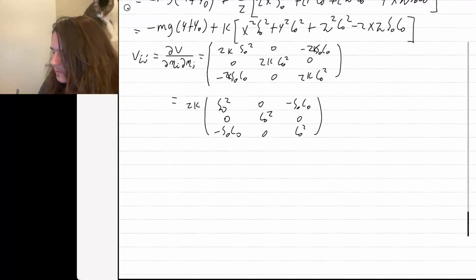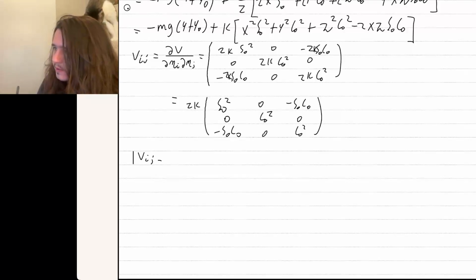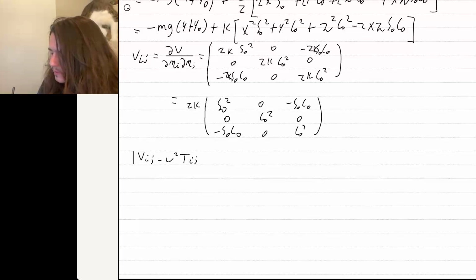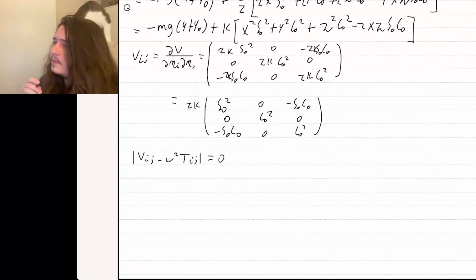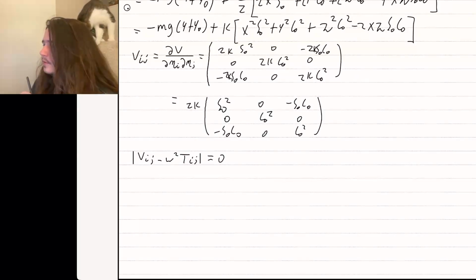So to find the eigenfrequencies now, we set up the characteristic equation Vij minus omega squared Tij. The determinant of that is 0. For all of our eigenfrequencies, we'll obey that equation. So our kinetic energy matrix was quite easy compared to this.